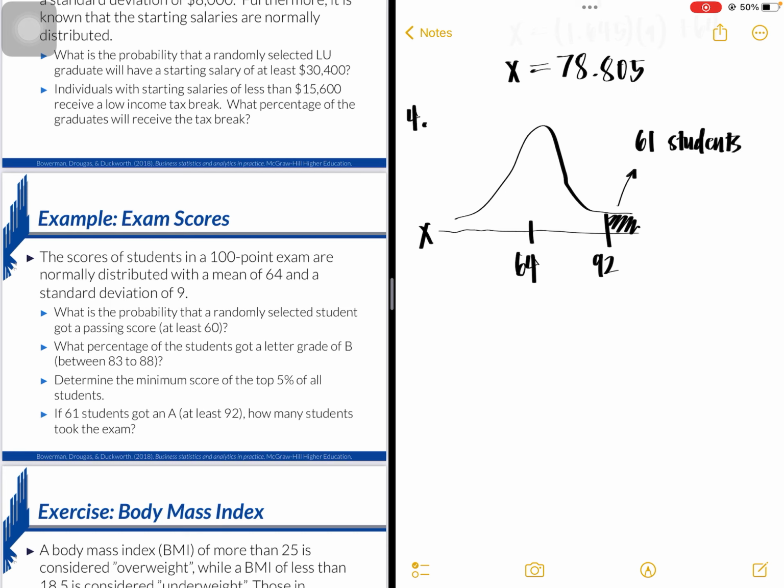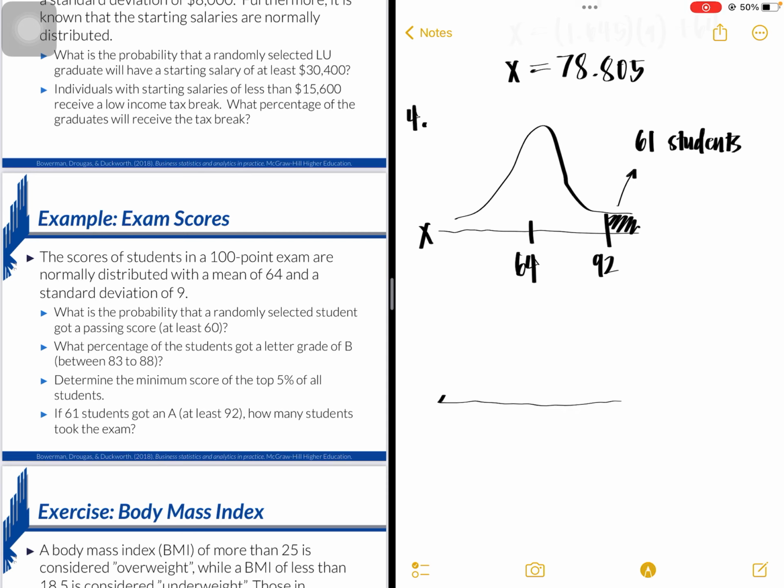Now, what we have so far are different values of X. We have 64, that's the mean, and we have 92. So the next value that we can get here is the z-score of 92, right?